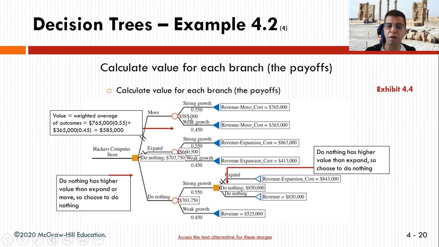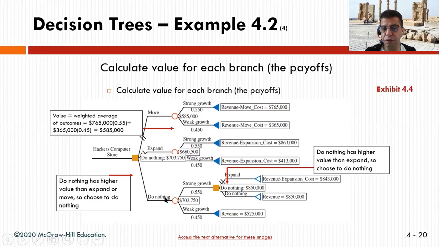So you remember the first time we decided to go there, and then we looked at pure numbers, and then we decided to go there. And you do the same calculation. You multiply this 863 by 55% and this 413 by 45%, and you add them together, you will end up with 660.